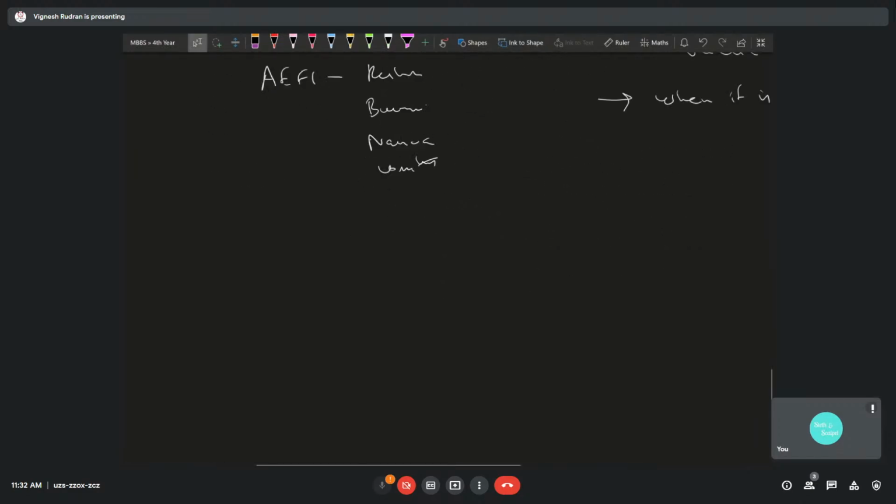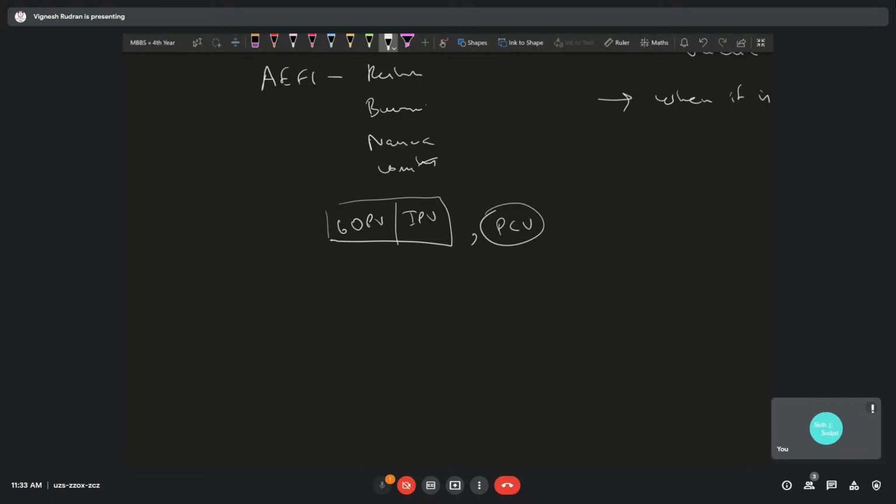Some of the important vaccines are going to be your oral polio vaccine, so bivalent oral polio vaccine and IPV, injectable polio vaccine. This is very importantly a frequently asked question. And then you have your pneumococcal vaccine. This is an adult vaccine where it's given seasonally.